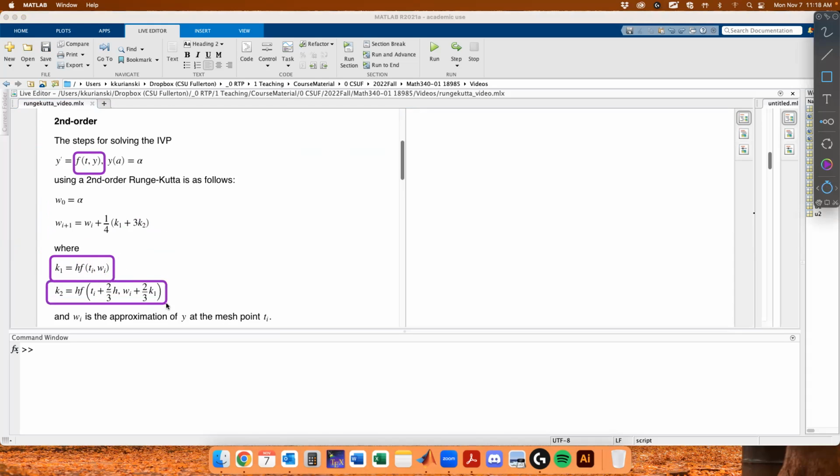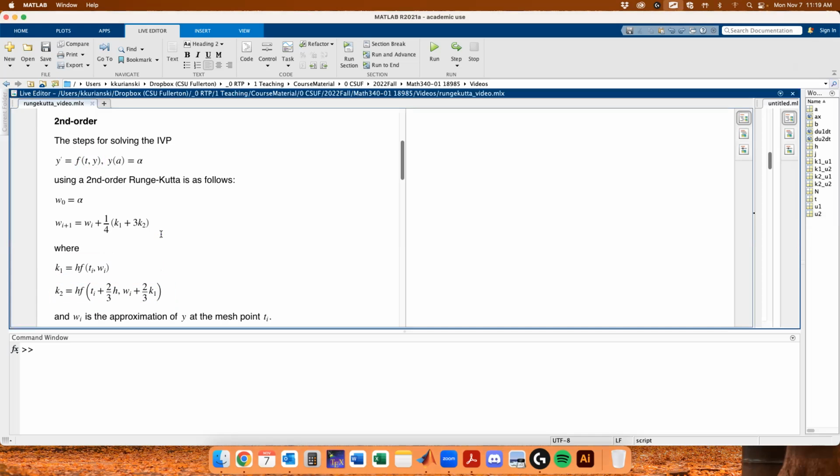And k2 is h times, again, f evaluated at a certain place, but this time it's t i plus 2/3 h. And then you also evaluate at w i plus 2/3 k1, where we've defined k1 up here.